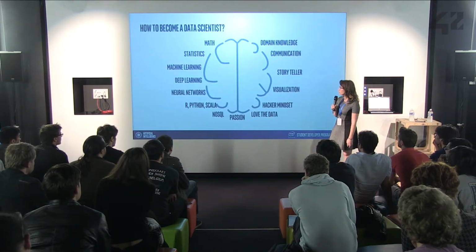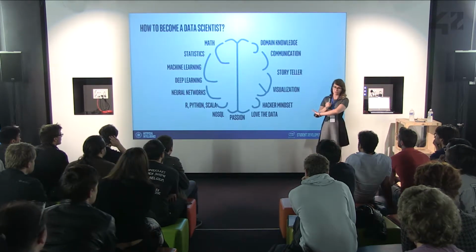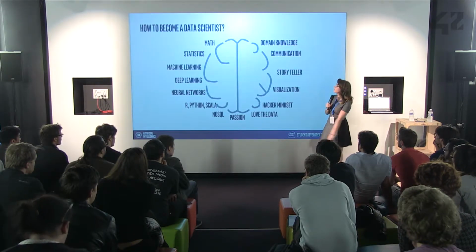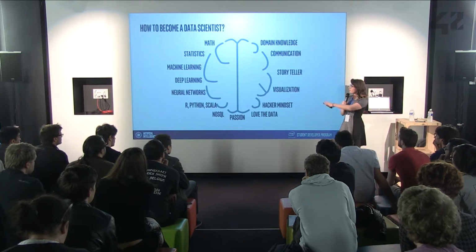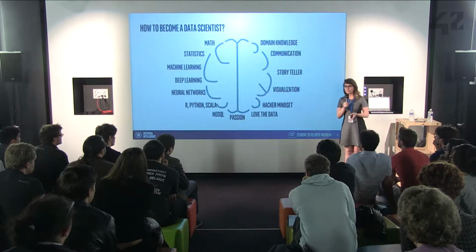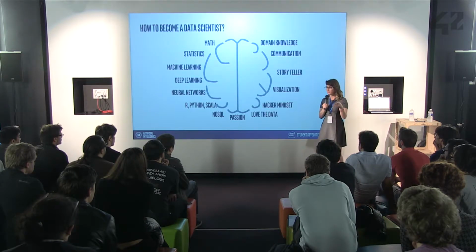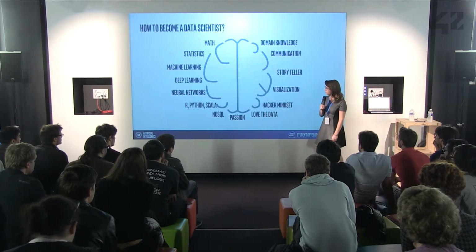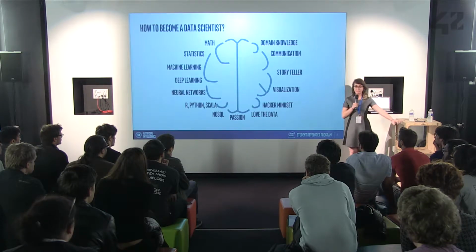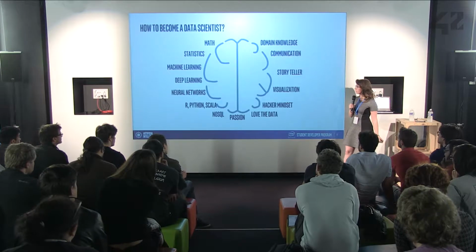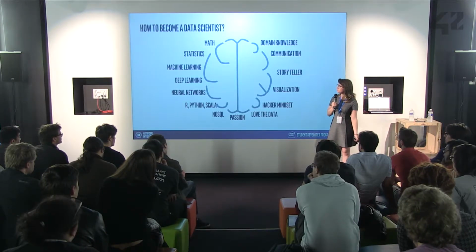You need to have a very big passion for data and for finding hidden patterns in big amounts of data. You have to have a storyteller and visualization mindset, so you can be more creative and find better patterns in it. So just keep it in mind. This is the thing you have to develop so you can be a very good data scientist.